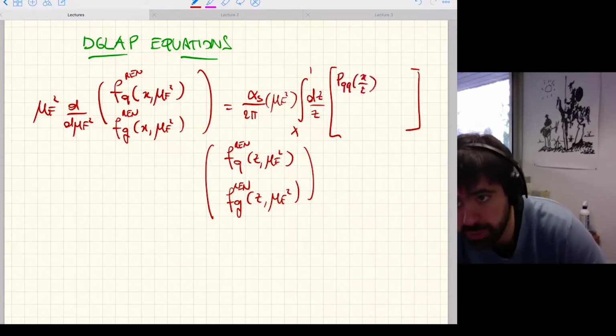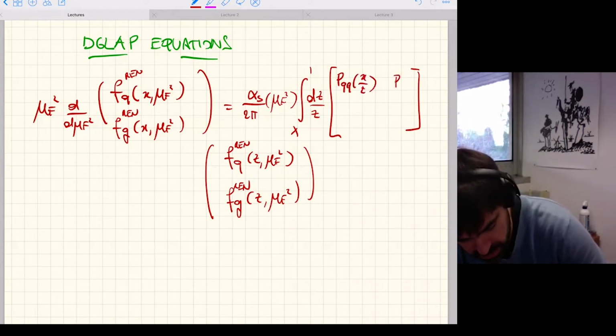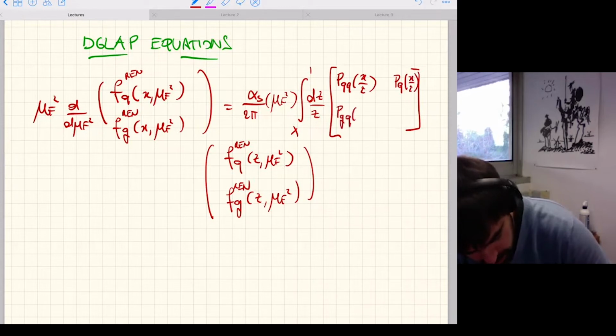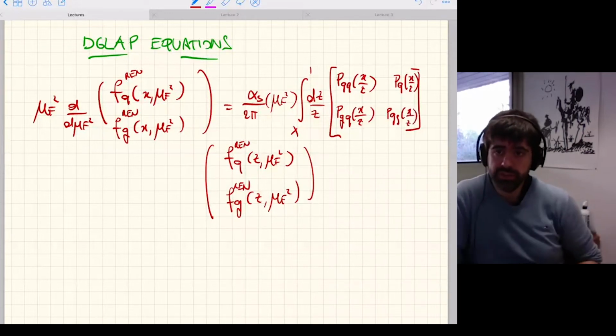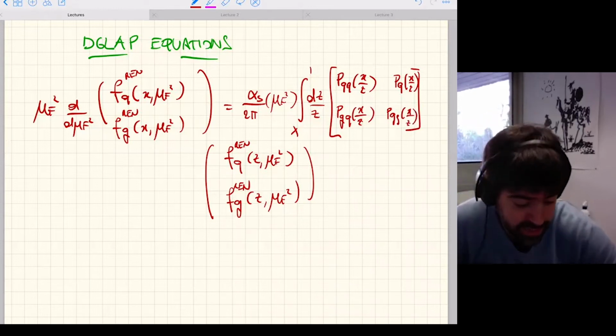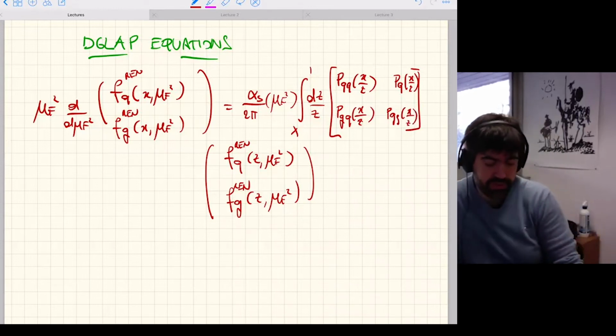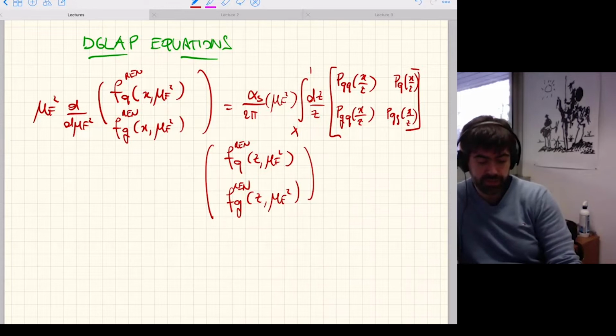Two of them we saw already, and then you also have these ones. So these are the splitting functions at leading order. You see that I've written them as alpha_s times the splitting function.